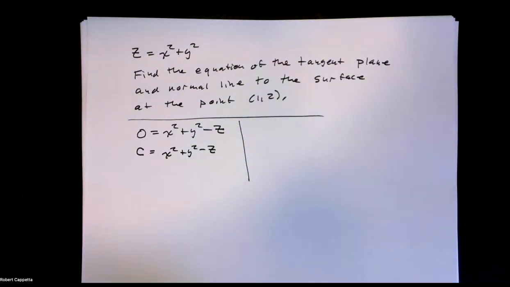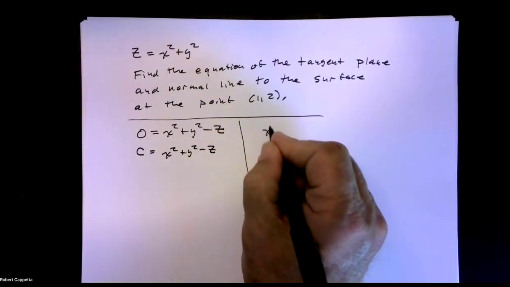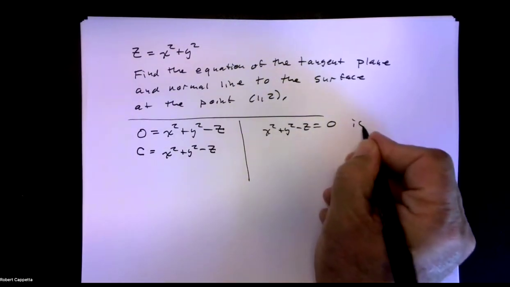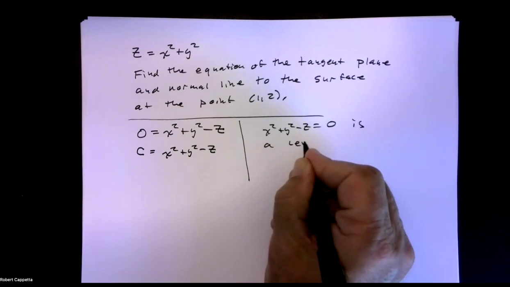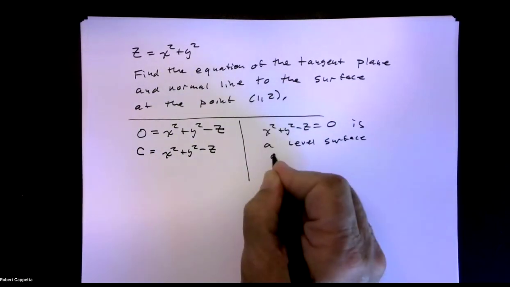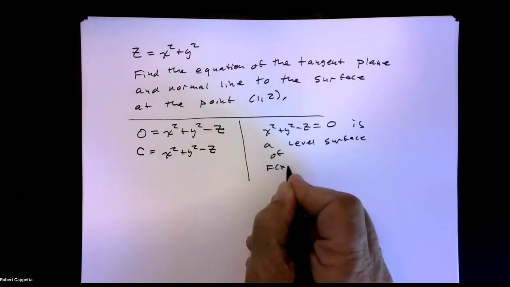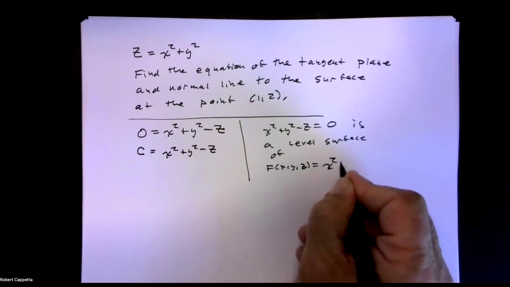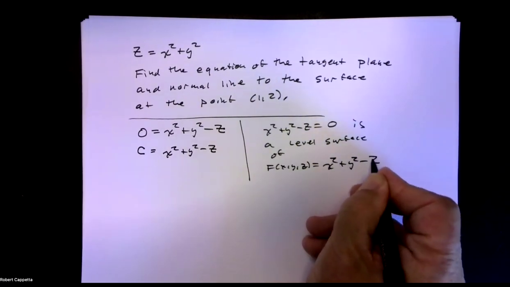What I conclude from that is x squared plus y squared minus z equals 0 is a level surface of what? Of big F of x, y, z equals x squared plus y squared minus z.